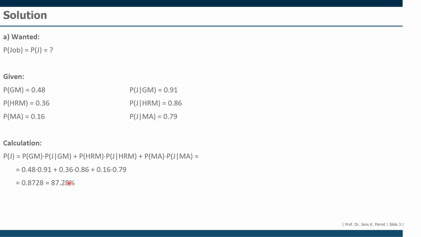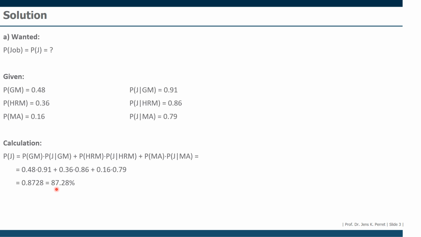So this value needs to lie somewhere between the smallest and the largest of these values. 87% definitely lies between 79 and 91%. So that's a good sign that we did our calculations correctly.